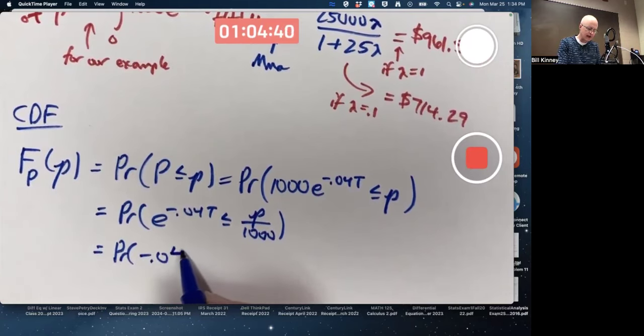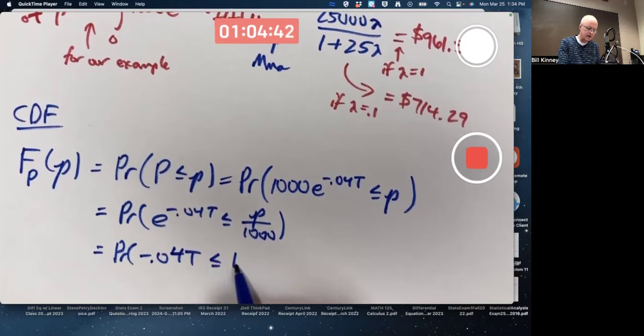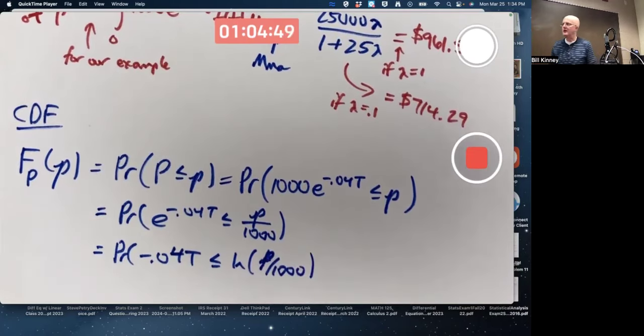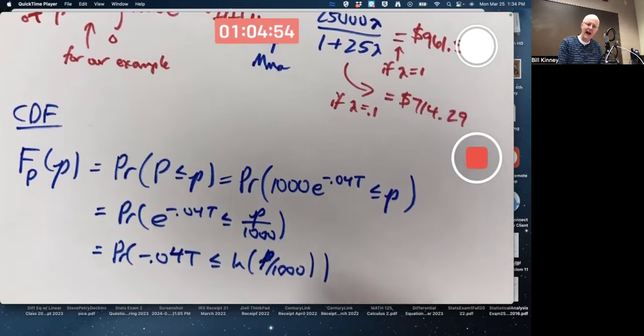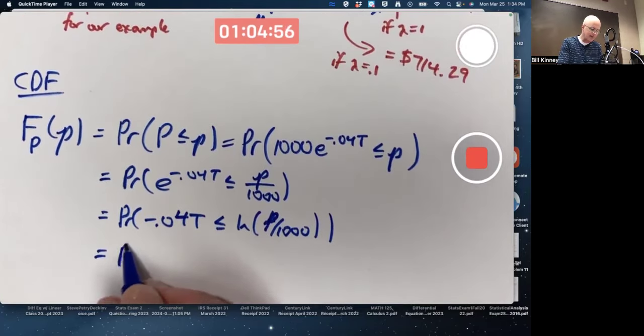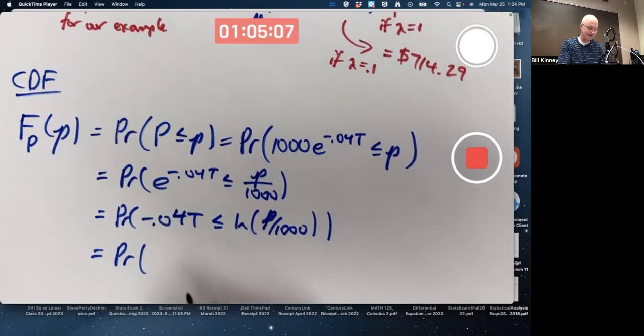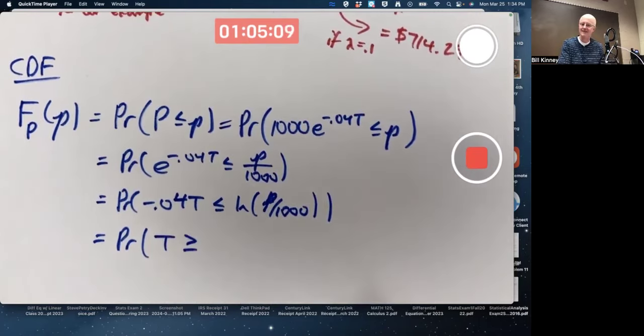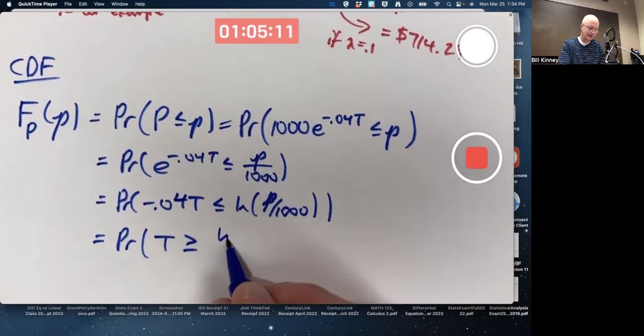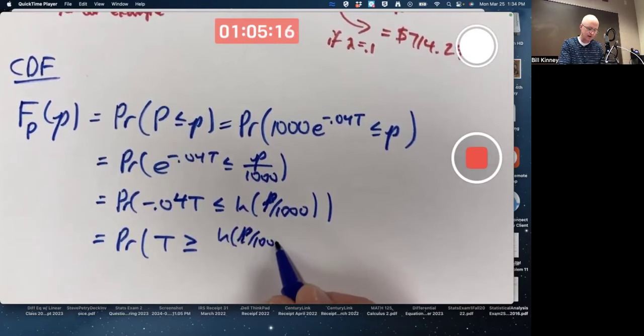Natural log, it is important that natural log is an increasing function so that the inequality here does not change direction. Natural log function's increasing, so it preserves inequalities. However, in the next step, when I divide both sides by negative 0.04, that switches the inequality around. Switches the direction, like that. That's a lowercase p right there.